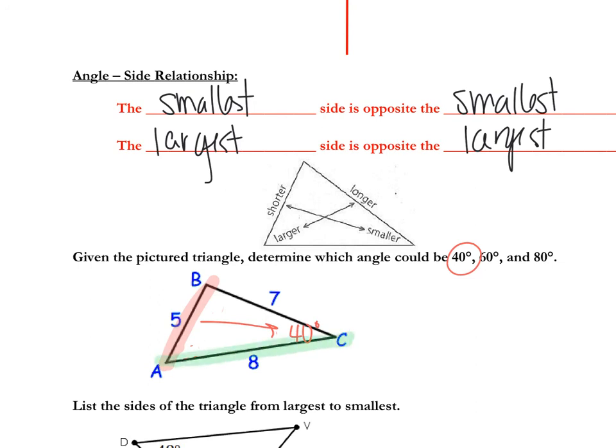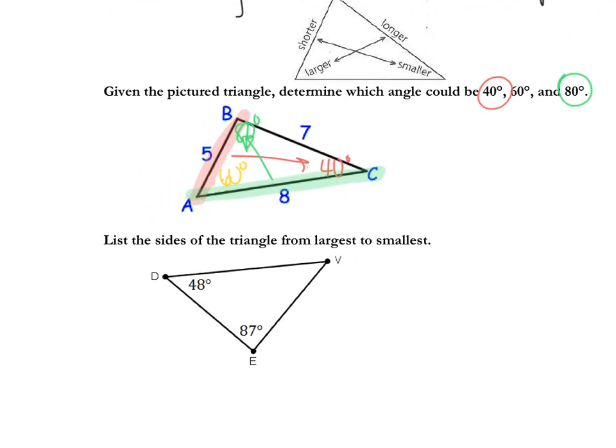So that means across from 8 is going to be the biggest angle, so 80 degrees. And then that leaves 60 degrees.